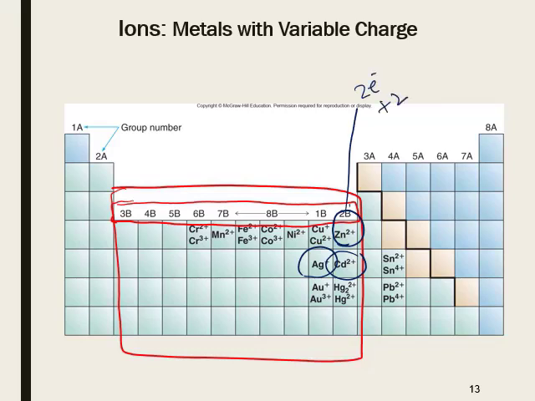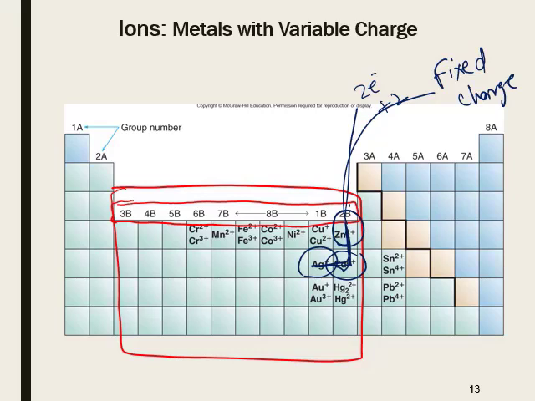Cadmium also will be +2, and silver always has +1. So even though they are transition metals, they behave like main group metal ions. Therefore, these 3 metals are included in fixed charge metals, which was the category we discussed in the previous slide.